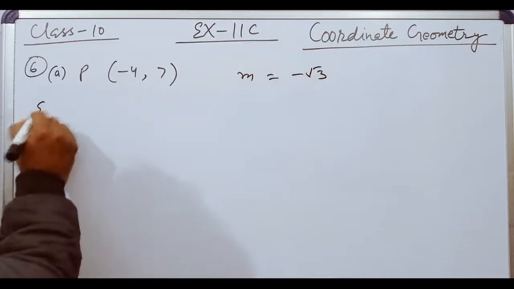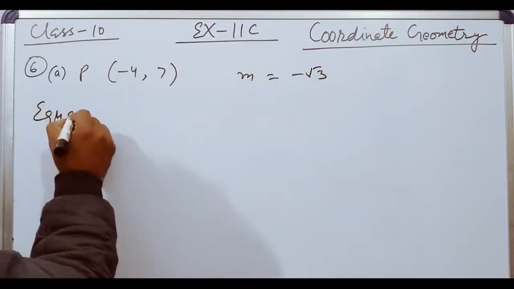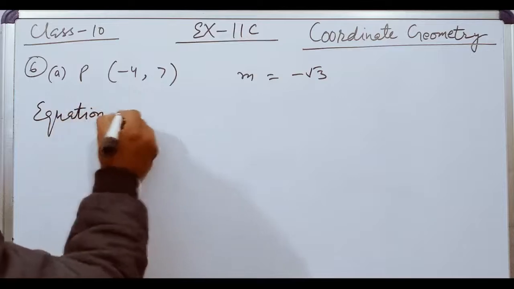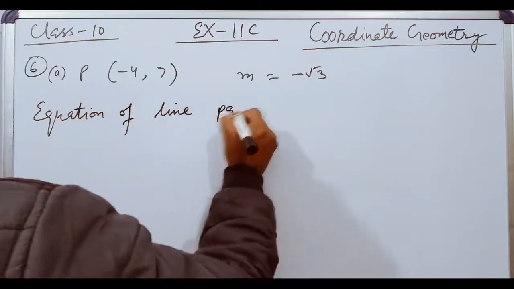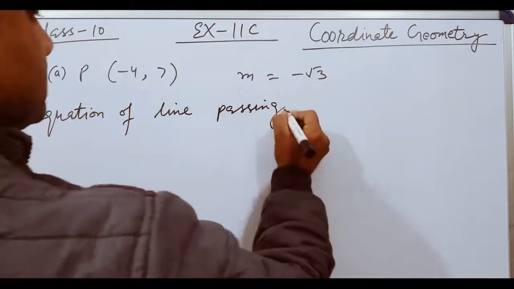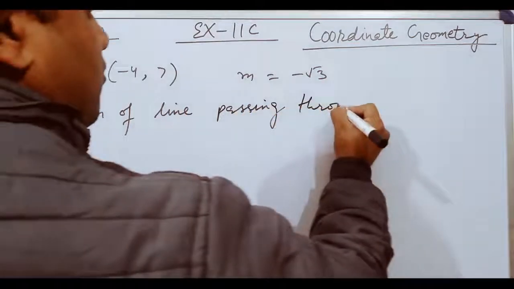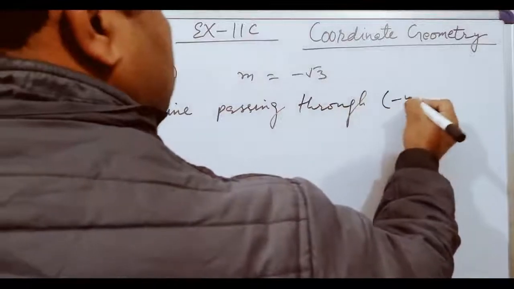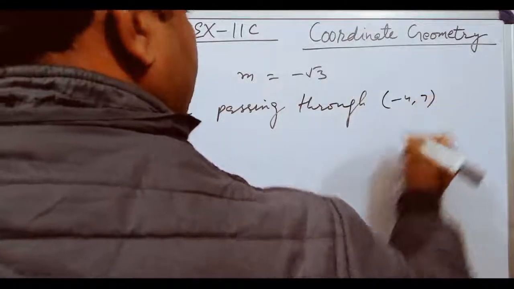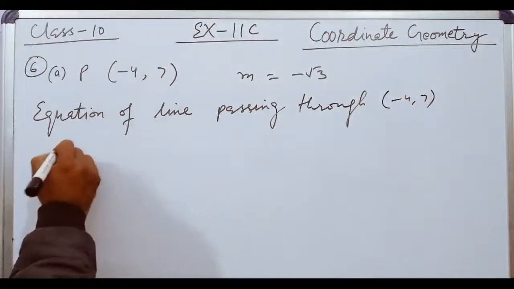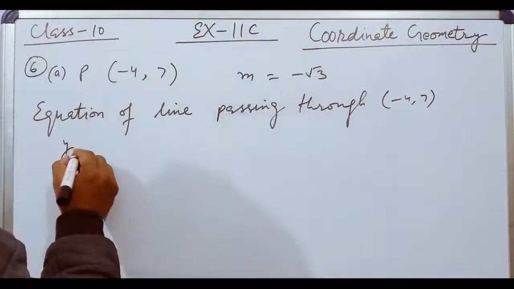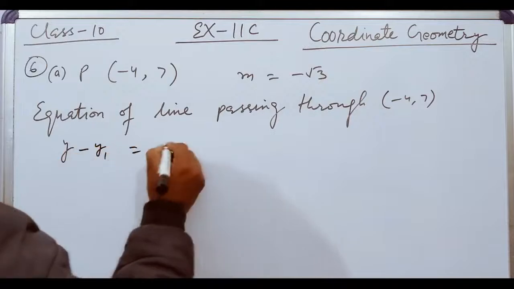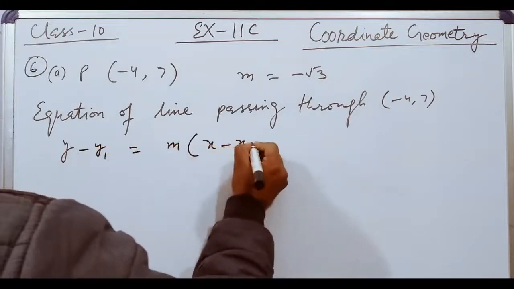Equation of line passing through (-4, 7). Dear student, you know the formula. The equation of a line passing through one point with the slope given is y minus y1 equal to m times (x minus x1).